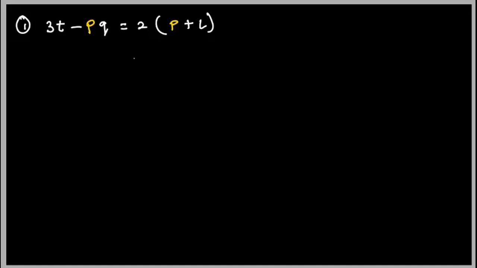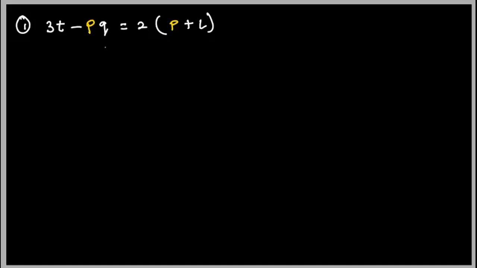Whenever you are asked to make a term the subject and it is on both sides, there's no point rearranging, unless the term is found only on one side. Maybe it is found on the right hand side, then you need to rearrange to the left hand side. You only rearrange when it is not at the place you want it to be. But if it is on both sides, you don't have to rearrange.